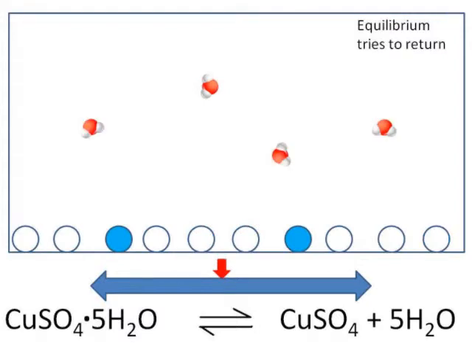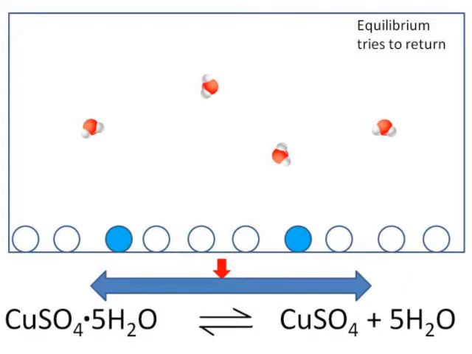Okay, but 50-50 in terms of the amount of water that's available. Now clearly it's not a balance, because in trying to get the water back to equilibrium, the anhydrous copper sulfate is favoured.